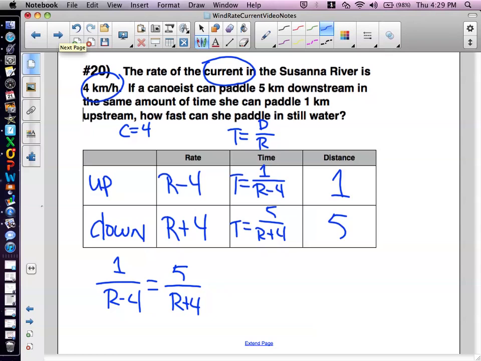And I have a nice cross product problem. It's easy enough to solve. And I will give you the answer and leave it to you to do the algebra behind this. You're all capable of doing that. How fast can she paddle in still water? After cross products, R is 6, so it's 6 kilometers per hour.